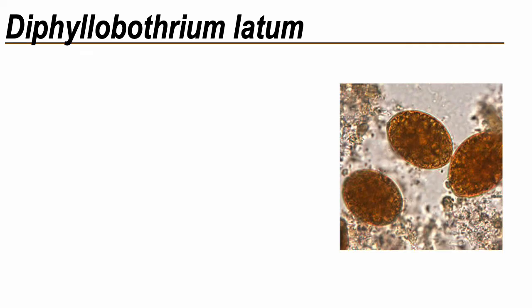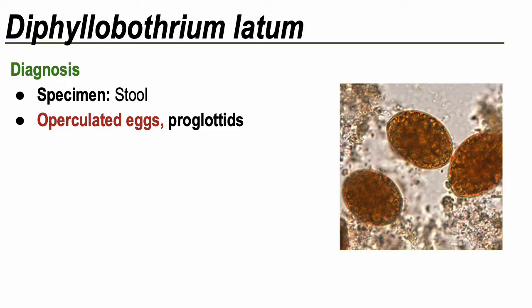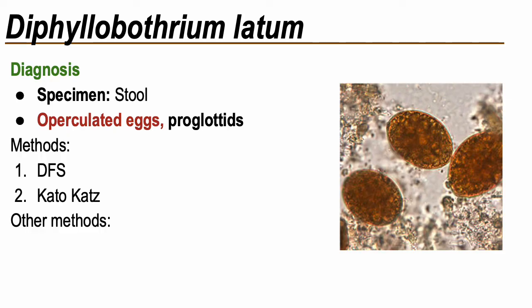For the diagnosis of Diphyllobothrium latum, the specimen of choice is stool, where we can identify operculated eggs or occasionally proglottids of this parasite. We can use the conventional direct fecal smear and the Kato-Katz method. Other methods we can use is the examination of the gastric juice, because Diphyllobothrium latum infection and pernicious anemia have similar blood work.